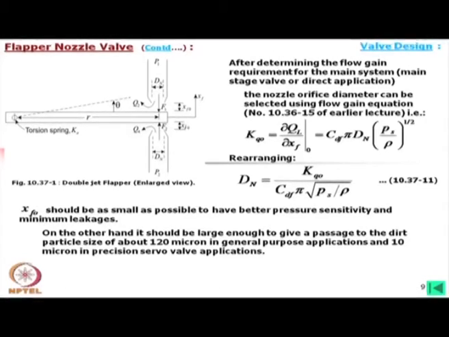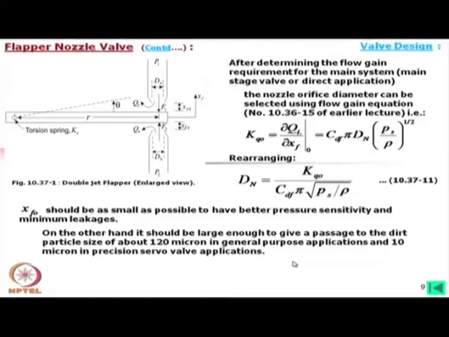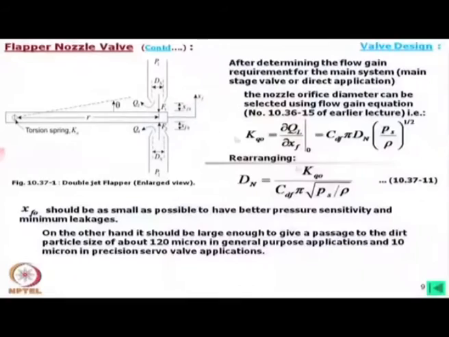You can understand 120 micron particle size means the filter we have used is a mesh of wire, and the diagonal length probably is of that size, 120 micron or so. But in case of servo valve, where we are doing servo applications, this gap is very small. If the particle size is more than 10 micron, then it becomes difficult to move that valve.